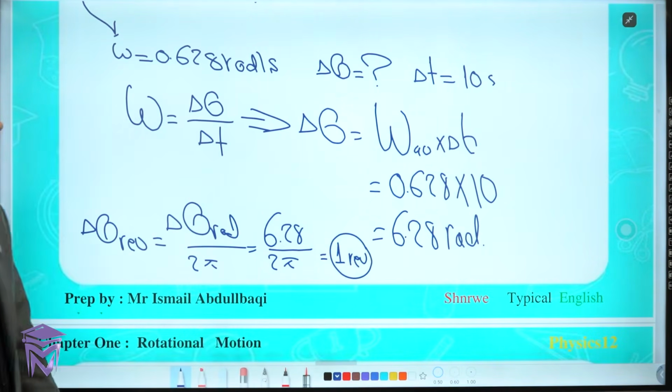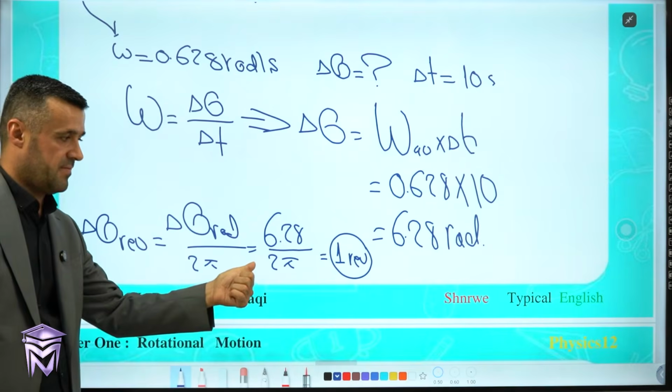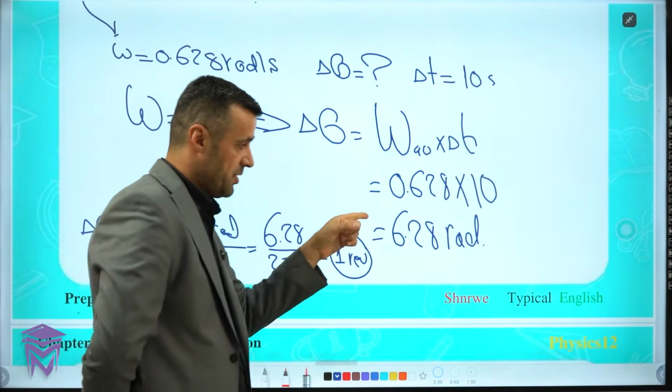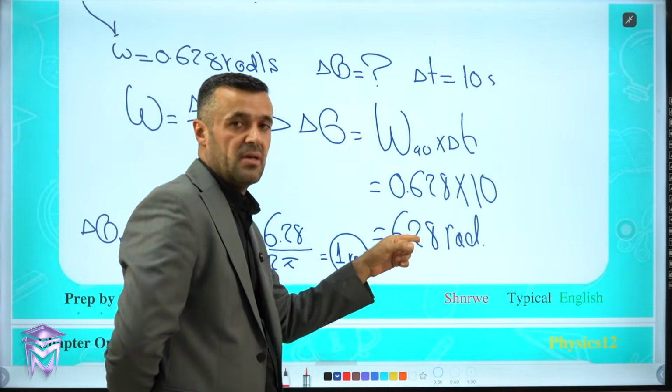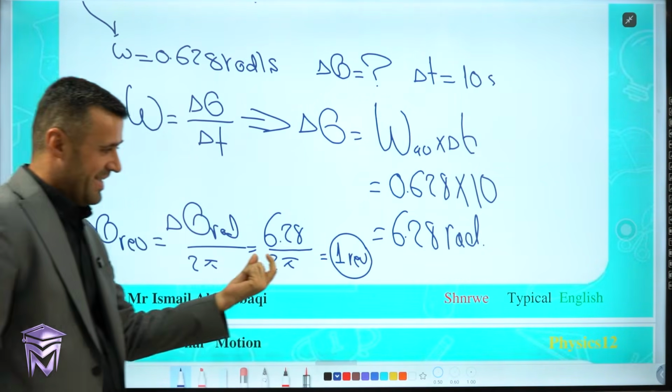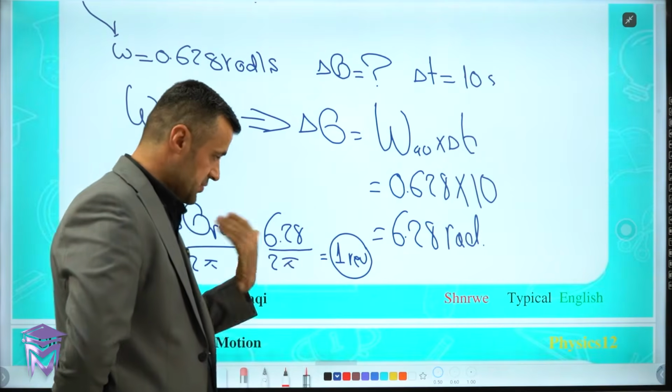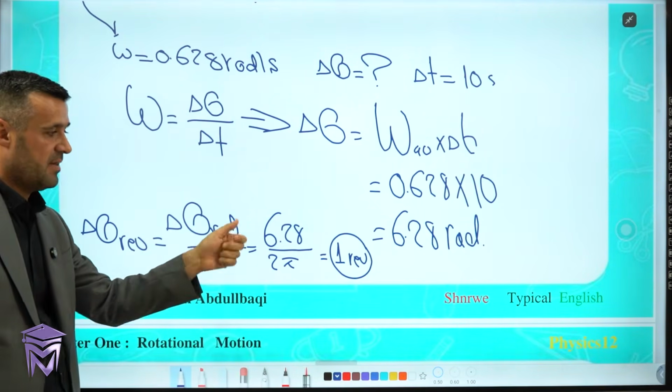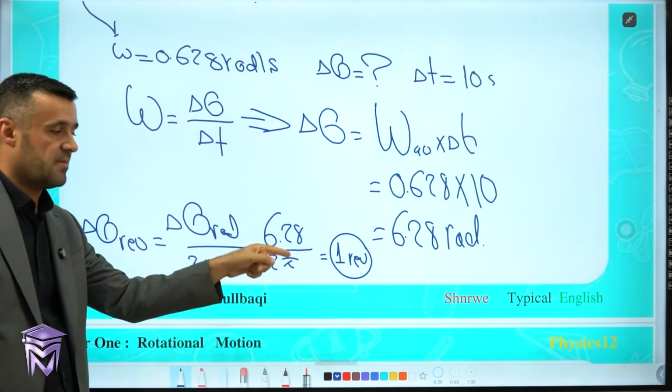The correct answer of this question is 1 rev. When you write 6.28, it's wrong because the choice of the question is in rev. We have to convert to rev, and the correct answer is 1 rev. Thank you.